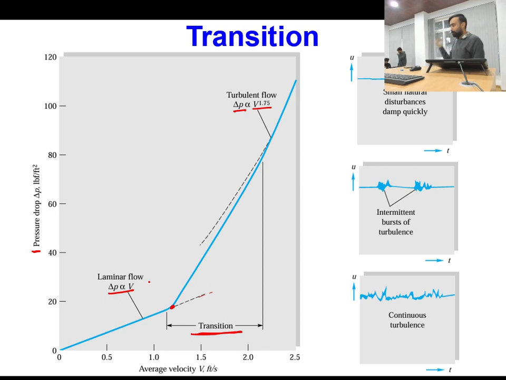But if flow is turbulent, then my pressure drop will be proportional to mean flow velocity raised to power 1.75.